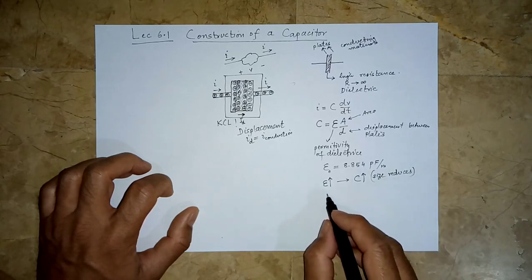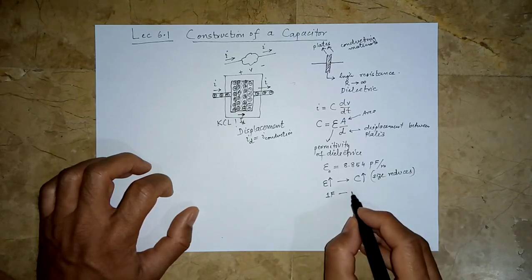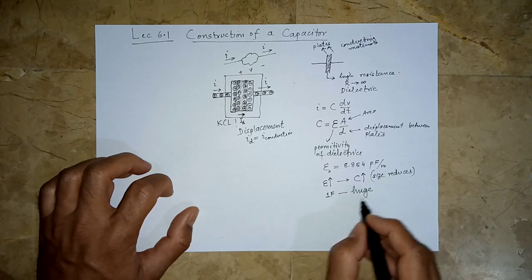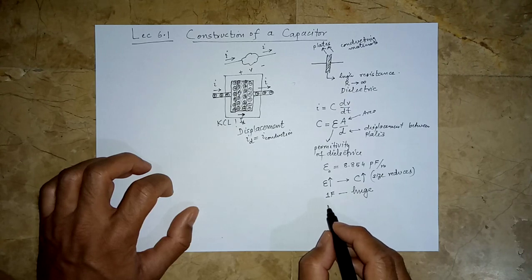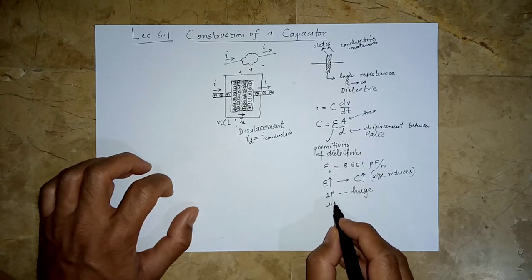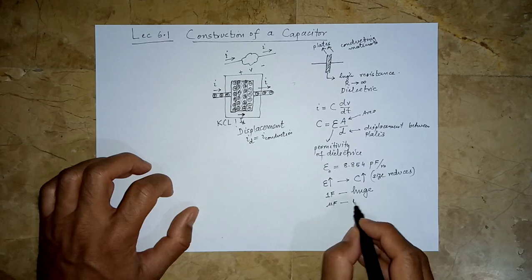Remember, I told you that 1 farad is a huge capacitance, usually not used in real life in most circuits. We come across a few hundred microfarads, which is still a large capacitance.